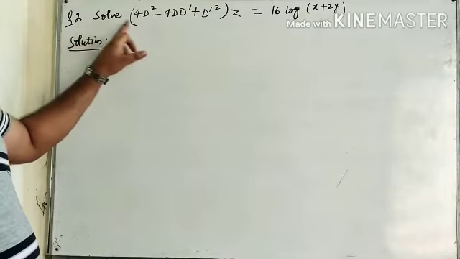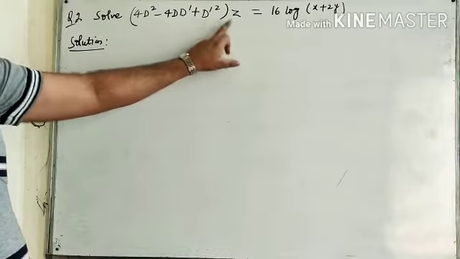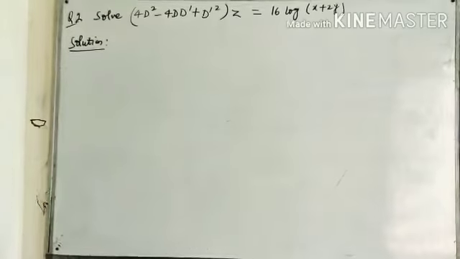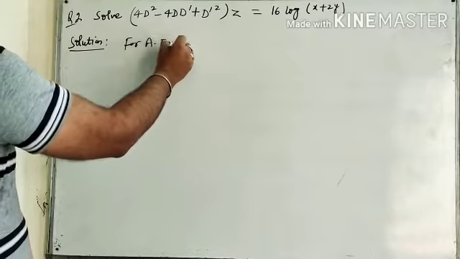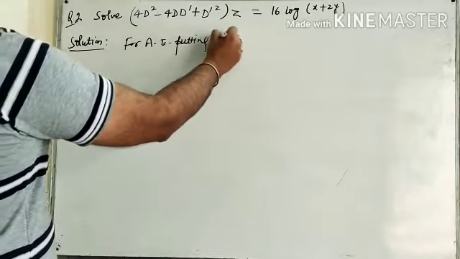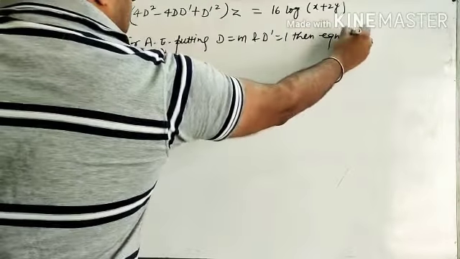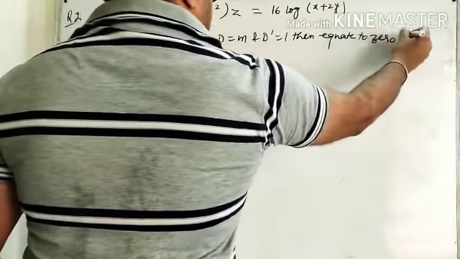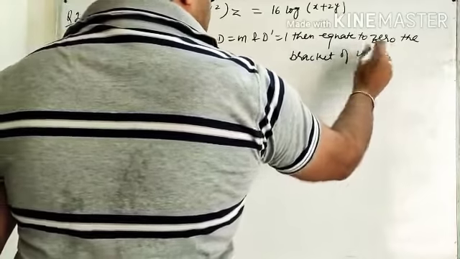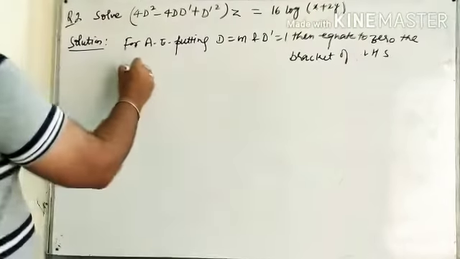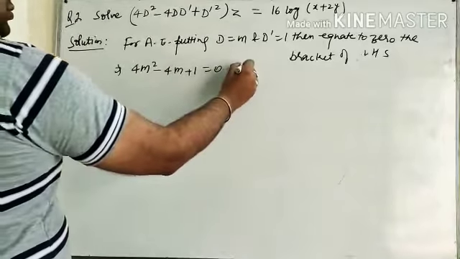Now this is the second question. Solve (4D square minus 4D D dash plus D dash square) z equals 16 log(x plus 2y). For the auxiliary equation, putting D equals m and D dash equals 1, then equate to 0 the bracket of the L.H.S. 4m square minus 4m plus 1 equals 0.